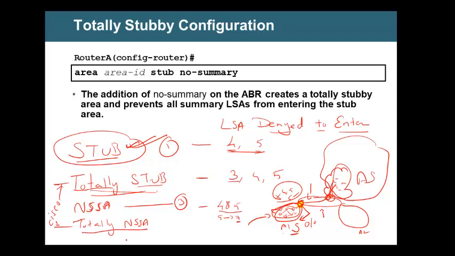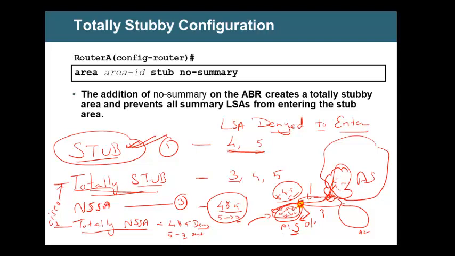Now, totally not so stubby area. Meaning, same rule. 4 and 5 denied. 5 is converted to 7 and sent. But additionally, 3 is also denied.